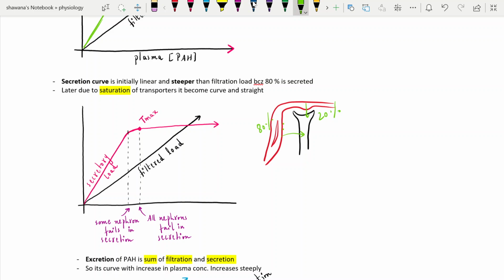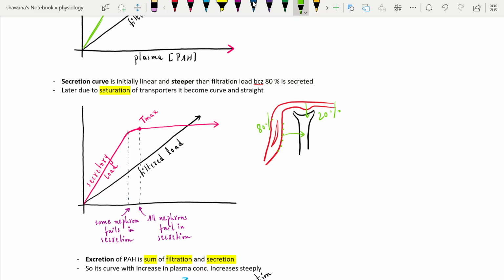But here are some transporters that transport the para-aminohippuric acid into the nephron tubule. A point comes when this secretion process starts to stop, right?